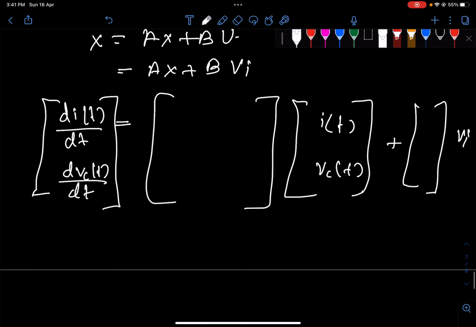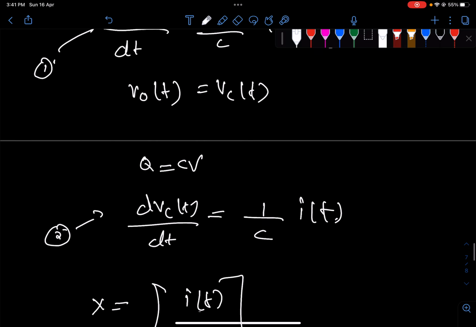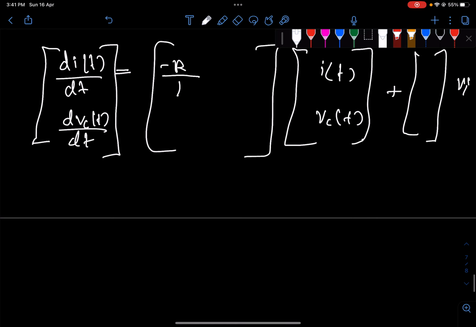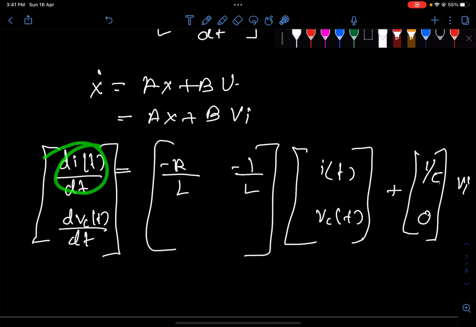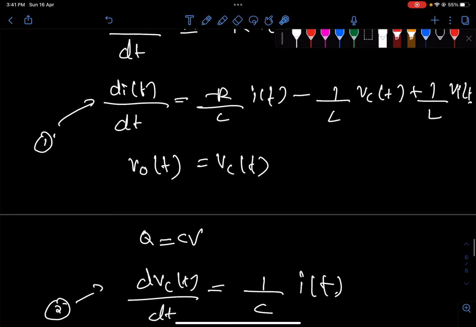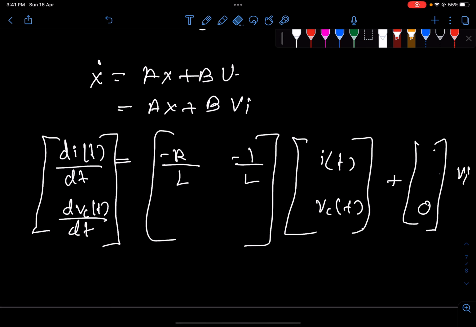So you can fill it in as minus R by L and minus 1 by L, and for the input, 1 by L times Vi. That is the first row, right?